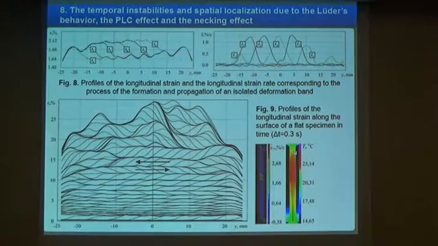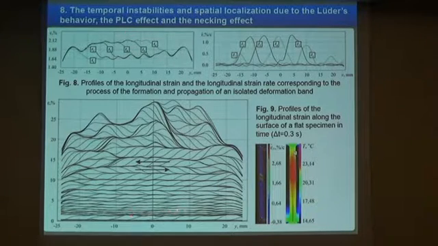And about this I want to talk more. So if we calculate the profile along the gauge length of the specimen, we can see the propagation of the single strain bands along the specimen. These are profiles for one single band.